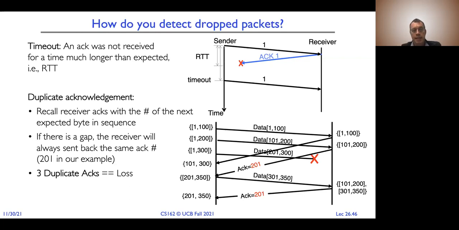This is what we call a duplicate acknowledgement, because you tell me repeatedly, over and over again, that the next sequence number I'm expecting is 201. So after a few of those, I decide, well, that packet was lost and I'm going to resend it. This is duplicate acknowledgement. Make sense?